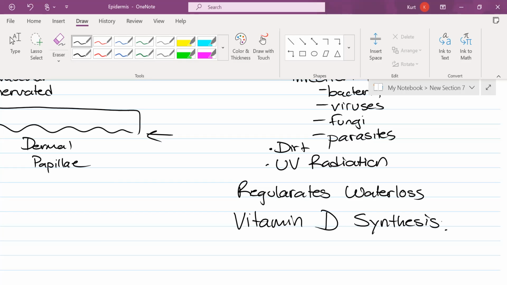But how well does it do in synthesizing vitamin D? It takes a lot of sunlight. Remember I told you guys I had a coworker of mine who was a black man. He had a vitamin D deficiency because he just wasn't getting enough sunlight in a day. If you have dark skin, the darker your skin is, the more sun exposure you need on a daily basis to get the vitamin D that you require.